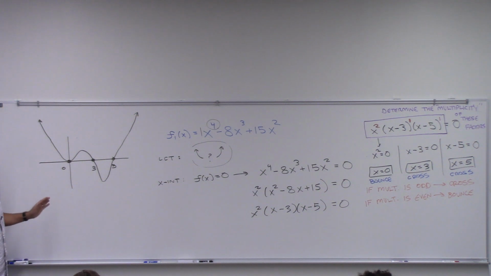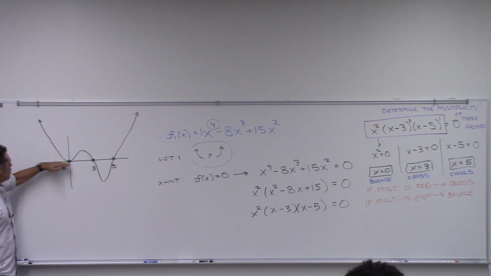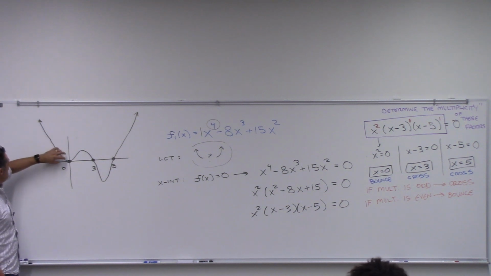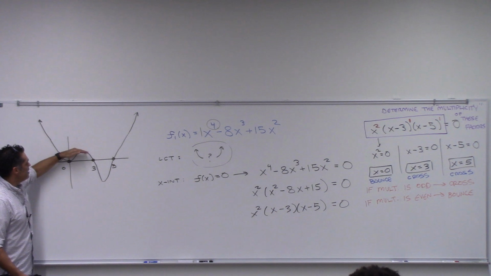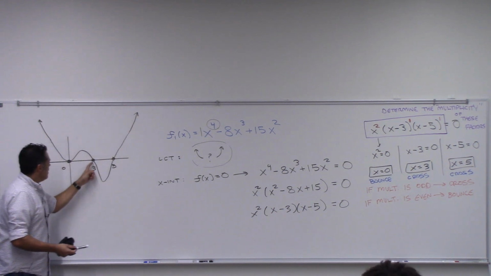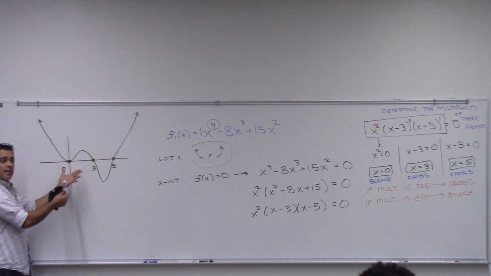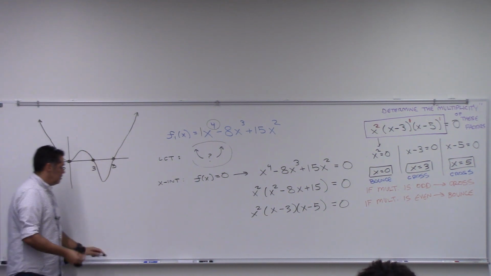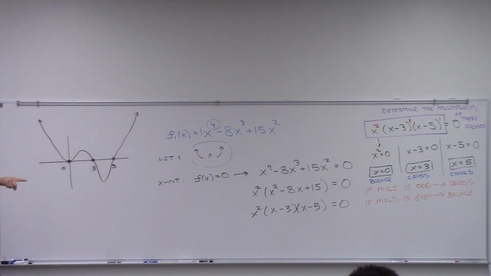You can tell here where the graph is above the x-axis. This graph is over here, it's above the x-axis. Between here and here, it's above the x-axis. From 5 on, it's above the x-axis, just like that says. And then here, between 3 and 5, we're below. Okay, this is our goal, is to be able to do this for all those functions sitting there, all right?